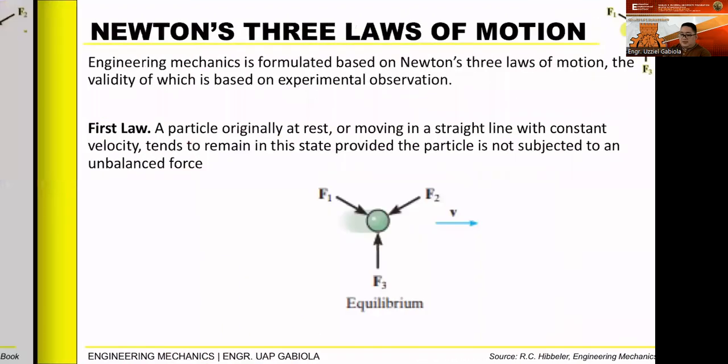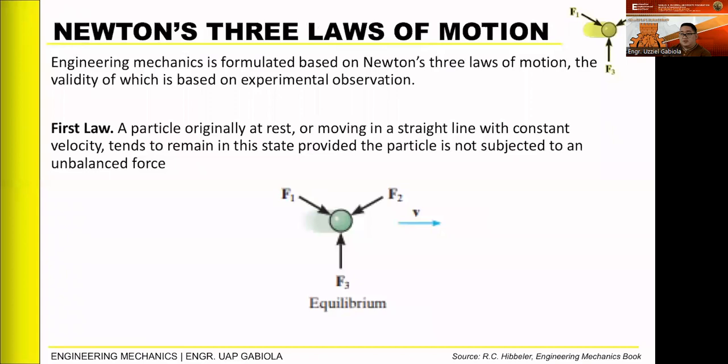Okay? Then now we go to what we call Newton's three laws of motion. So again, this is just a review of your physics. Engineering mechanics is formulated based on Newton's three laws of motion, the validity of which is based on experimental observation. So this is the first one.